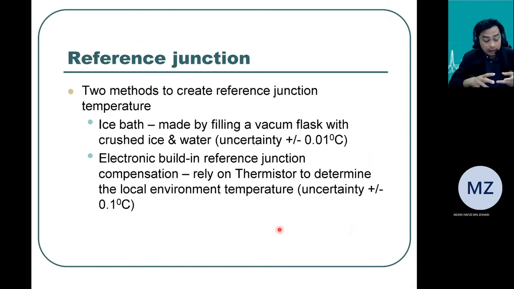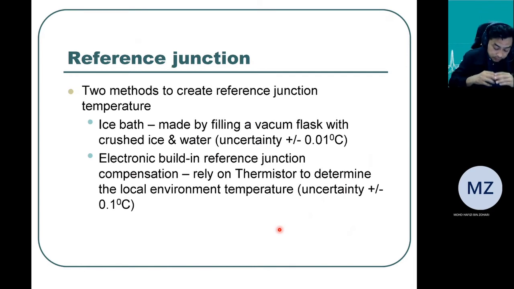We can also use a reference with a constant environment or constant material that has a stable temperature, always consistent. It doesn't matter: either use 0 degrees C with the ice bath, or you have an environmental temperature that is consistent. If you use an ice bath, of course it is 0 degrees.